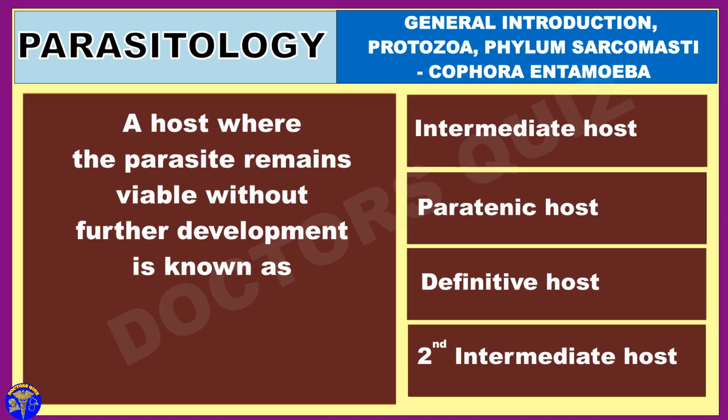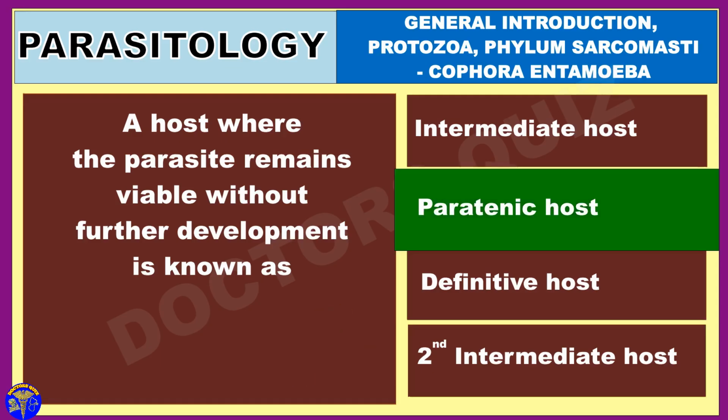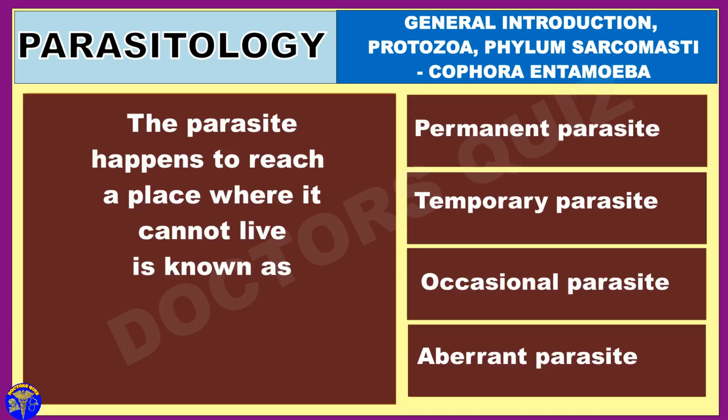A host where the parasite remains viable without further development is known as paratenic host. The parasite happens to reach a place where it cannot live is known as aberrant parasite.